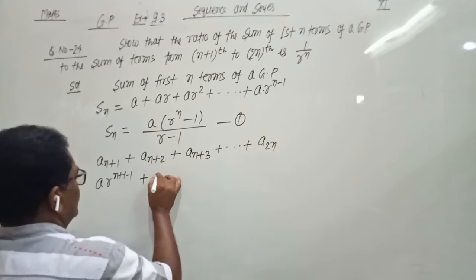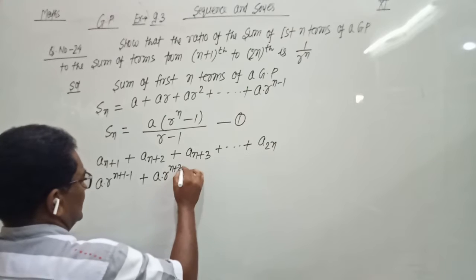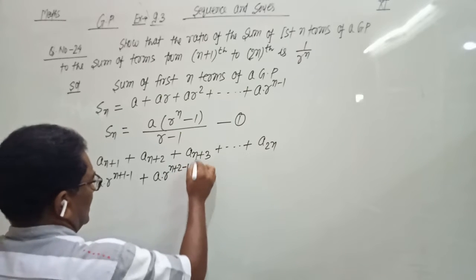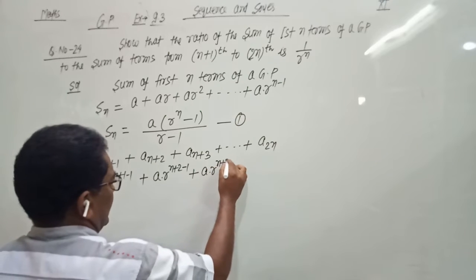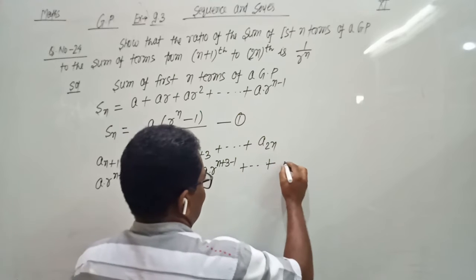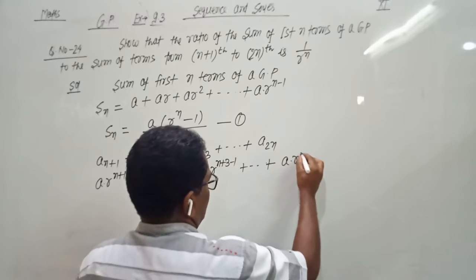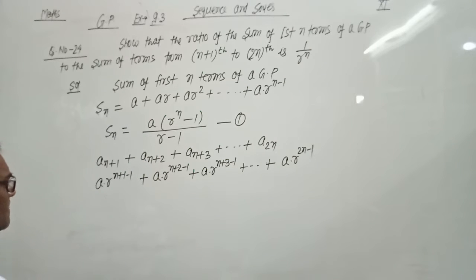A n plus 2th term is given by a into r raised to the power n plus 2 minus 1. This is given by a into r raised to the power n plus 3 minus 1. And the 2nth term is given by a into r raised to the power 2n minus 1.